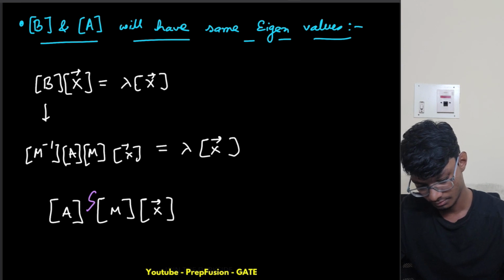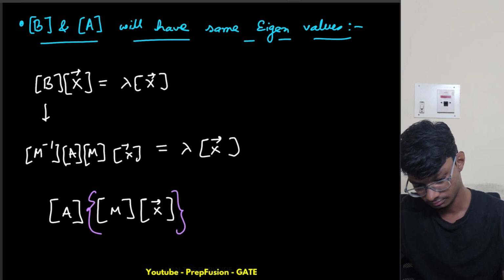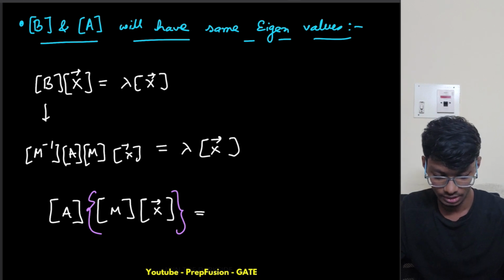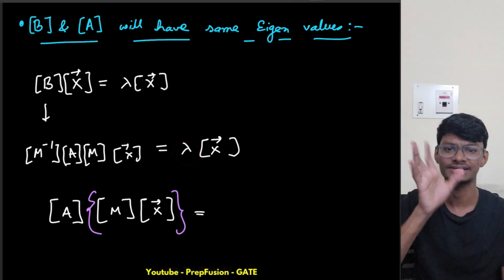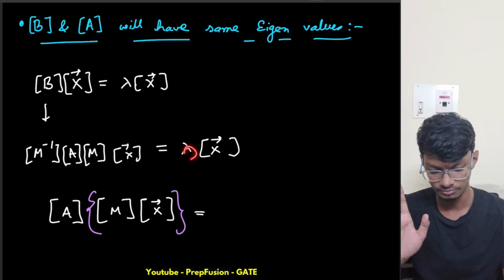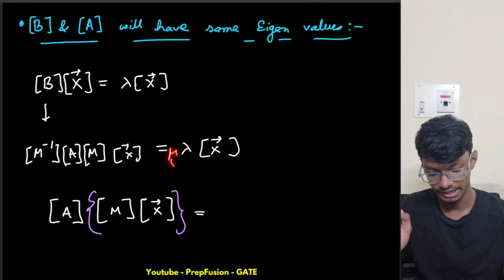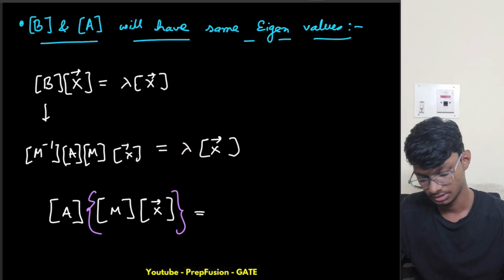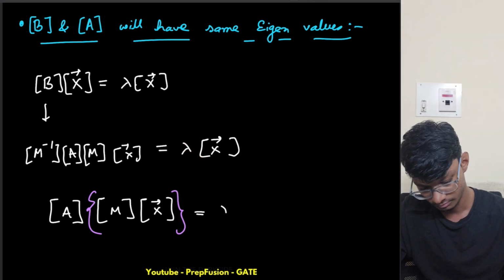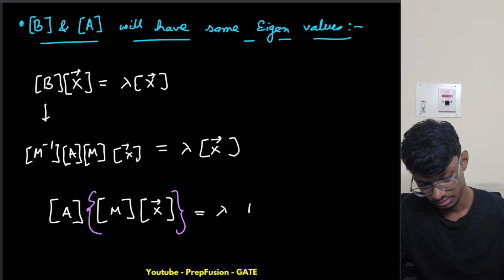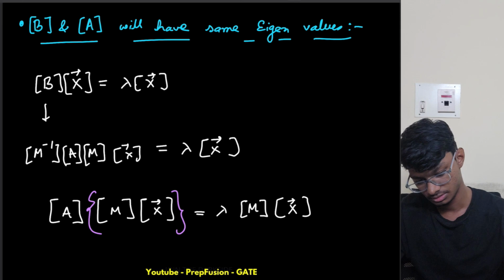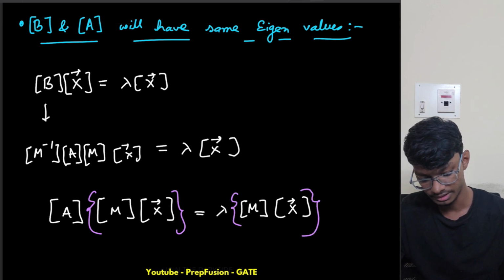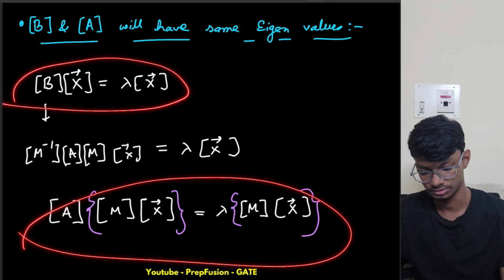Now lambda is just a scalar value, so if I multiply by M, I can put M inside, pre-multiplying. So this is lambda times the M matrix times x. This is similar to the first equation.